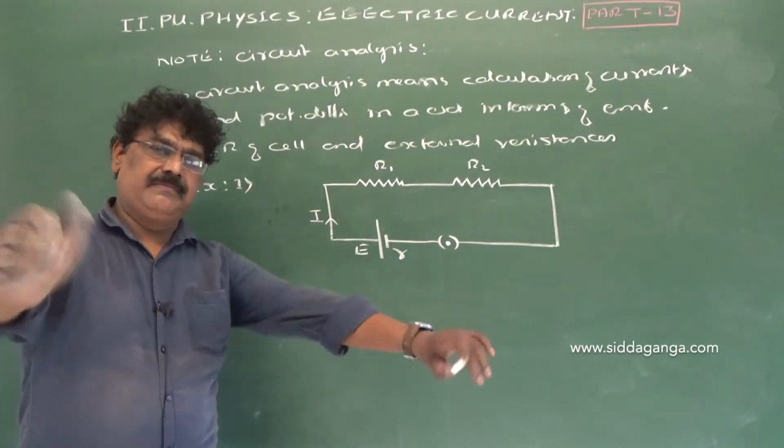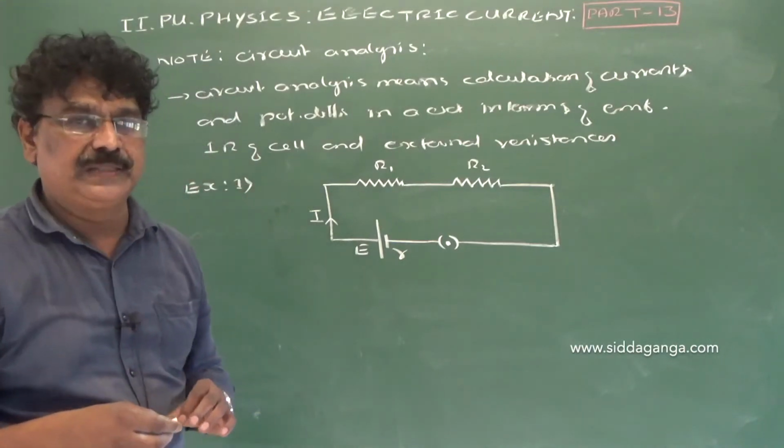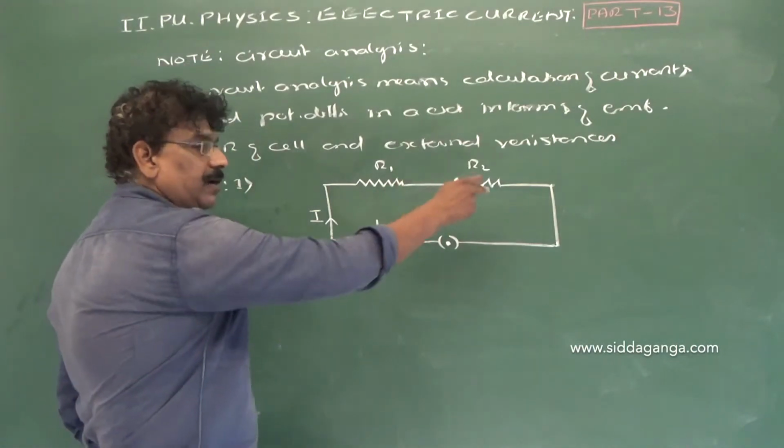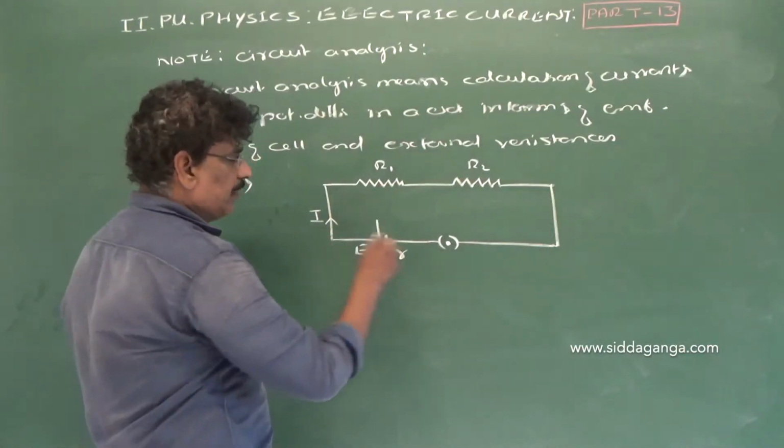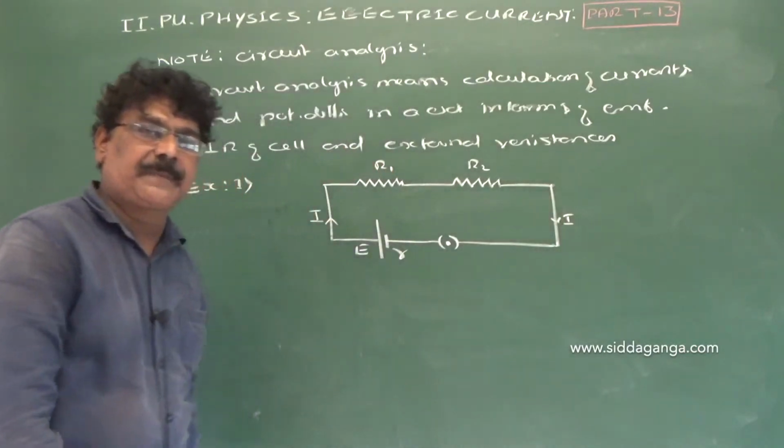Now, from the knowledge of combination of resistors, we know that R1 and R2 are in series, therefore the same current flows through R1 and R2.